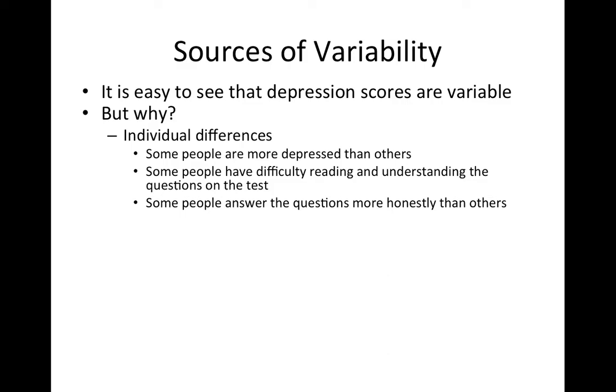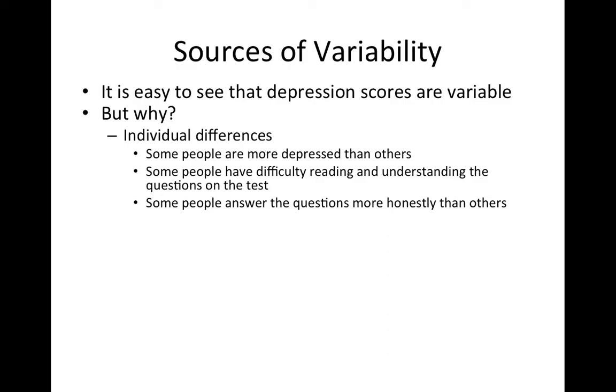Some people have difficulty reading and understanding the questions on the test, or maybe they didn't really understand the questions very well, and they didn't know exactly how to answer the question. They were a little confused, but they didn't want to disappoint the experimenter, and they were trying to do their best, but maybe they didn't understand the question exactly right. Some people answer the questions more honestly than others.